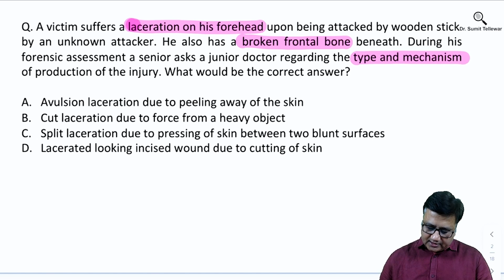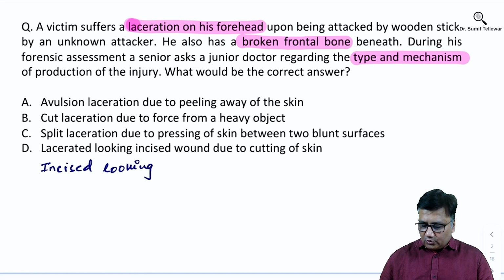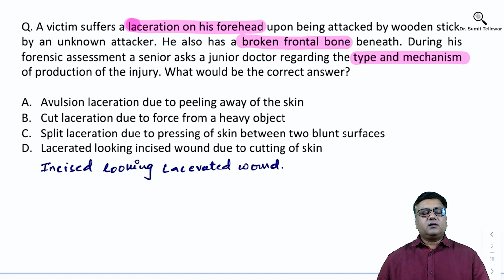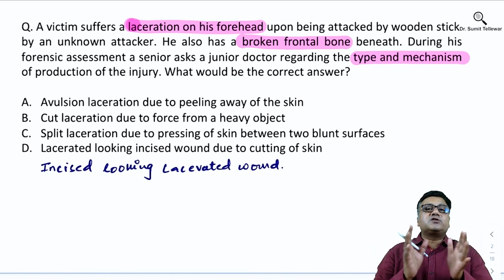The concept here is understanding of incised looking lacerated wound, right? If you look at the fourth option, option D, that is lacerated looking incised wound. Basically, it's an incised wound which looks like a laceration.